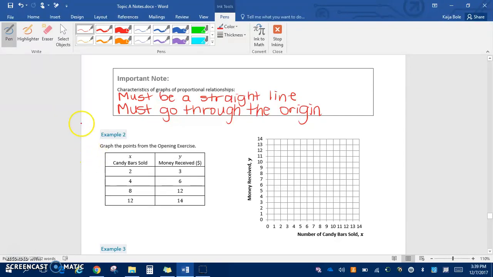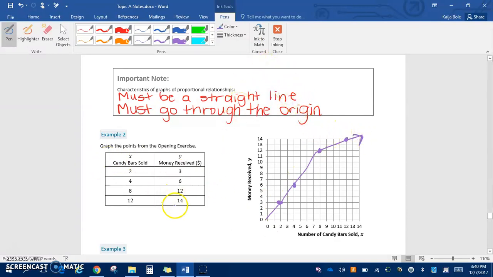Okay, we're going to look here at number 2, where it says first to graph the points from the opening exercise. So we're going to have 2, and then up to 3, and then 4 up to 6, and then 8 up to 12, all the way up here, and then 12 all the way up to 14. Alright, so we do have to connect our points. I think some of us can see that this is not exactly a straight line.